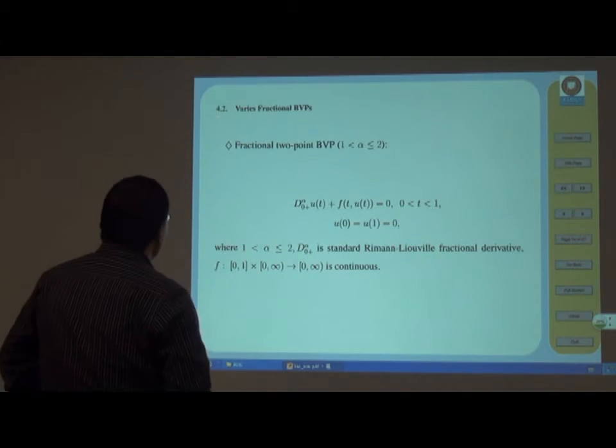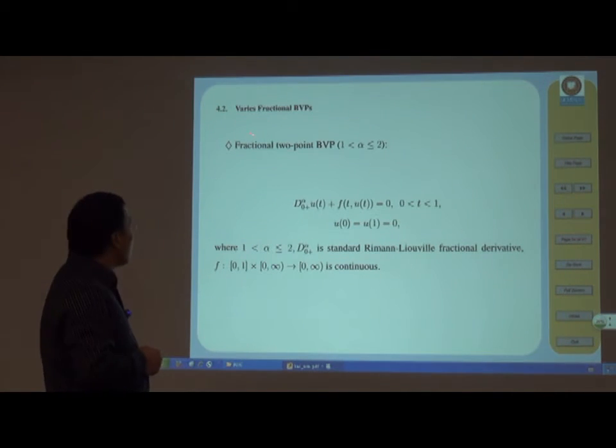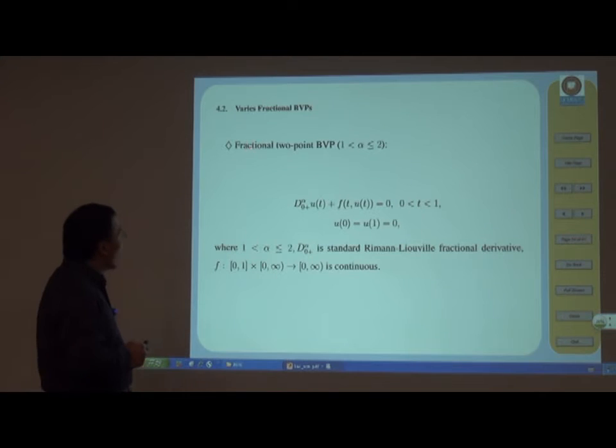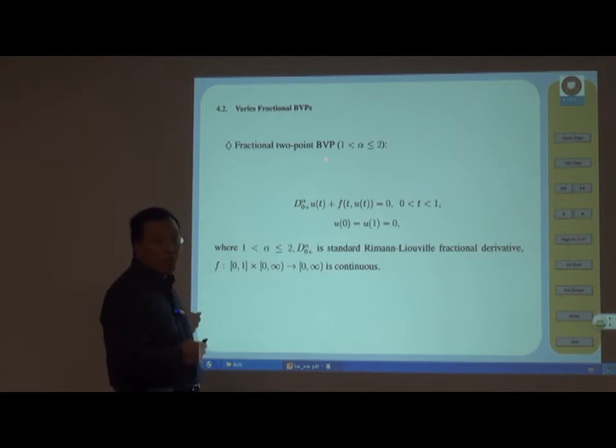And now, 4.2. In this section, we give various fractional boundary value problems. Firstly, we look at fractional two-point boundary value problems. Here, r is between 1 and 2, and see this equation with these boundary value conditions.